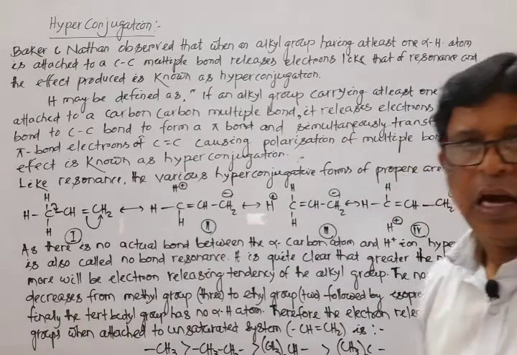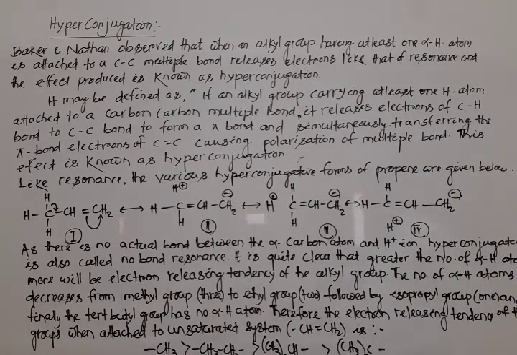Note down hyperconjugation. The two scientists, Baker and Nathan, observed that when an alkyl group having at least 1 alpha hydrogen atom is attached to a carbon-carbon multiple bond, it releases electrons like that of resonance, and the effect produced is known as hyperconjugation.